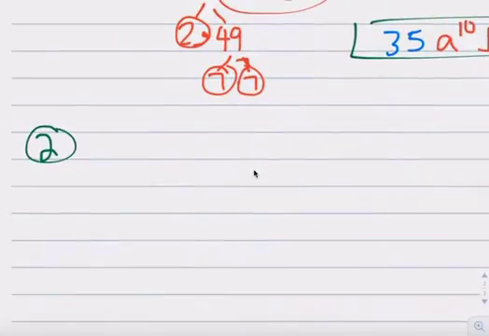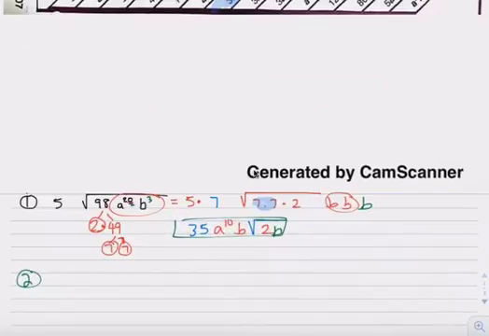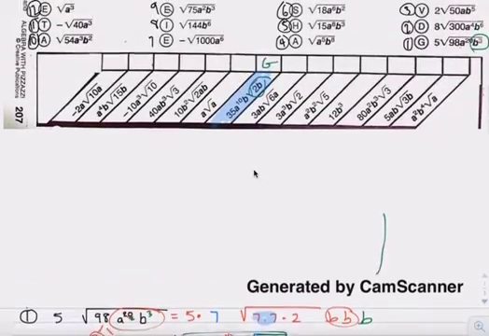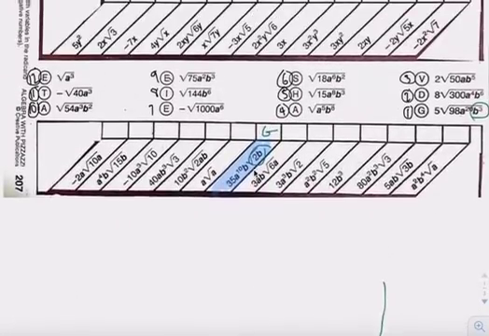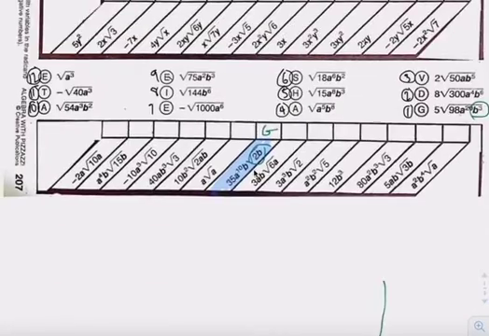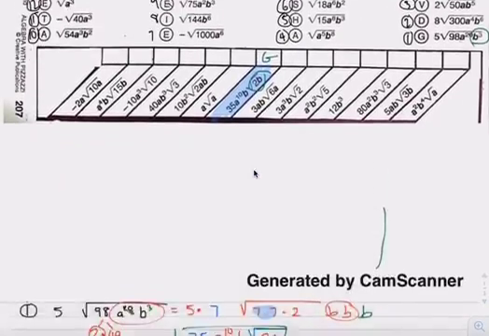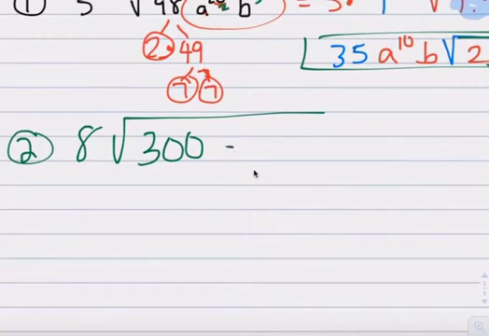Number 2, it's harder, guys. 8 times the square root of 300 a to the 4th and b to the 6th. Alrighty.